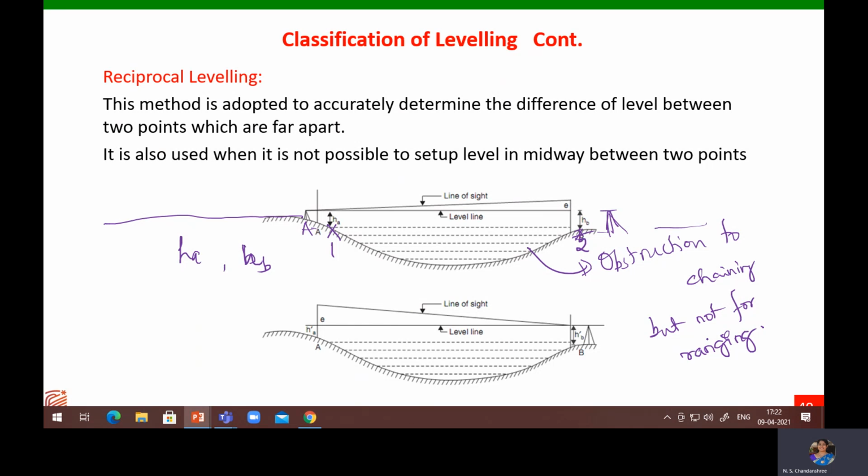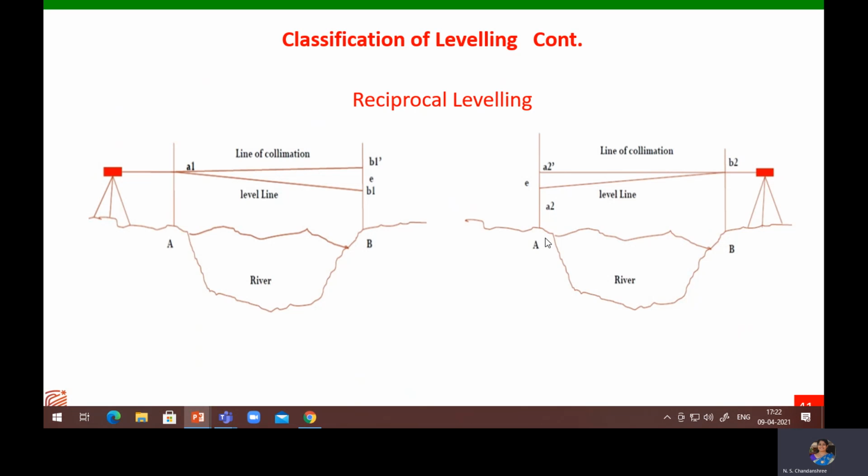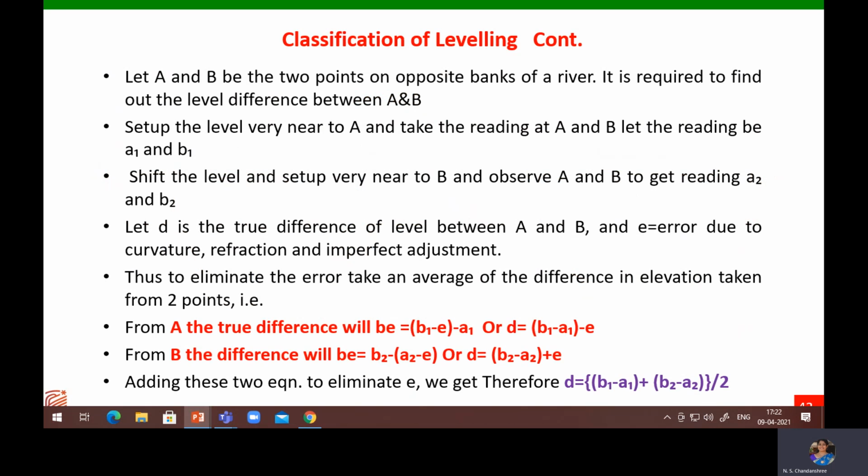Then we set up another station at B and measure the staff readings at these two points, which are termed as HA dash and HB dash. These values are taken and the true difference between point A and point B is calculated using this formula here.